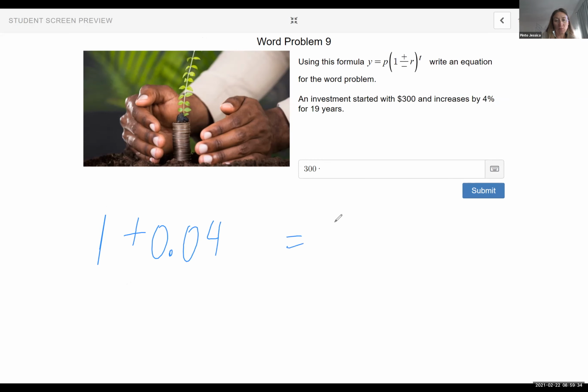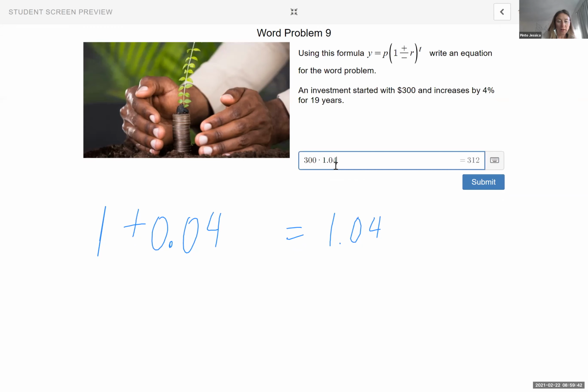So that makes 1.04 to the 19th power, so 19 years. And now I get my answer. It's cool because Desmos tells me that it will be more than doubled. It will be $632. All right, cool. Let's try another one.